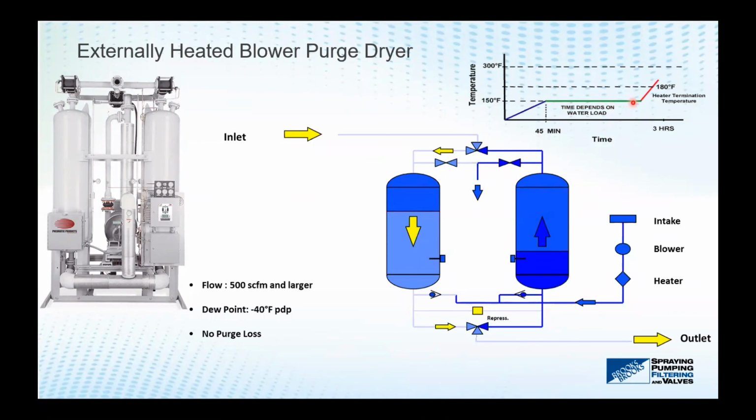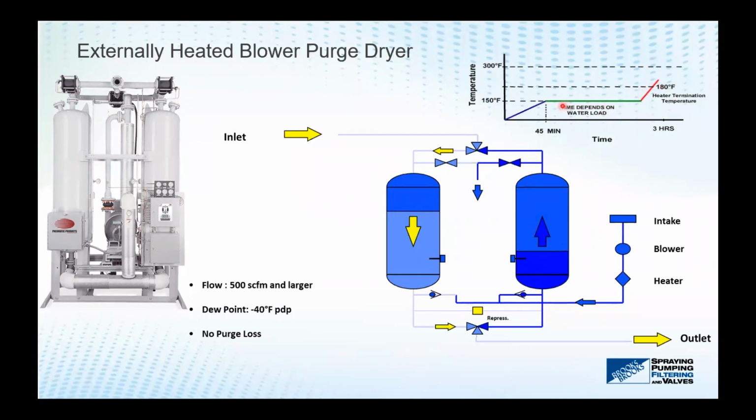Depending on how much moisture or vapor is contained in the chamber, that time can be variable. And at the outlet of the chamber, there is a heater termination temperature. So there's a method by which we read the temperature at the outlet of the chamber and we cut off the heating.